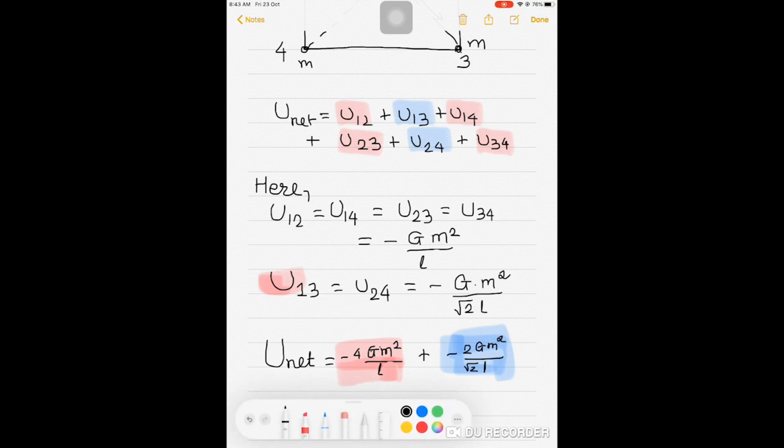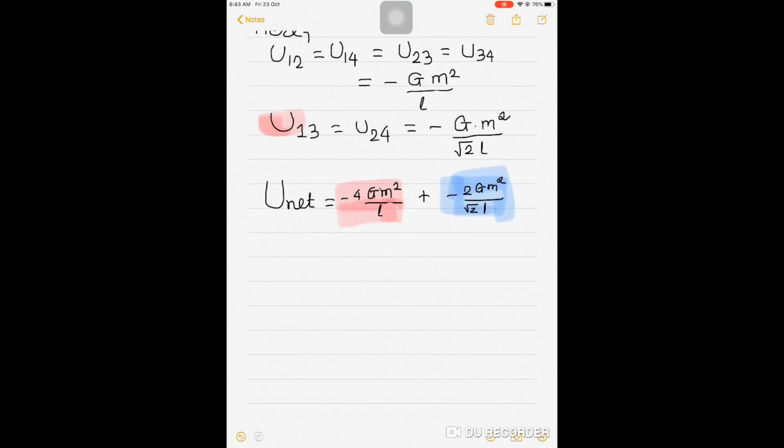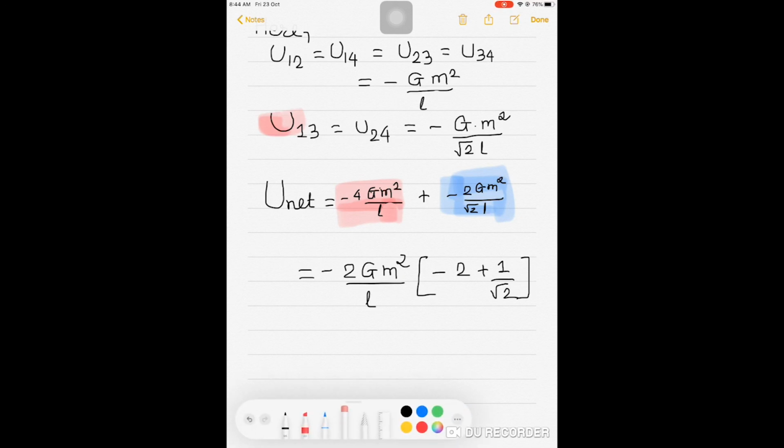So U net that we can obtain with the help of this arrangement is minus 2 G m square over l times the quantity 2 plus 1 upon root 2. When we simplify this, if we take the minus sign out, this would be the answer to our question.